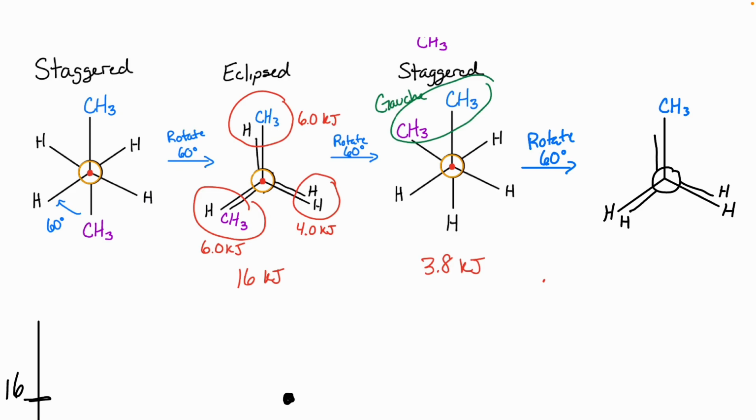We get another eclipsed structure, but now those two methyl groups are parallel with one another. Now those two methyl groups are eclipsed in my new conformation here.